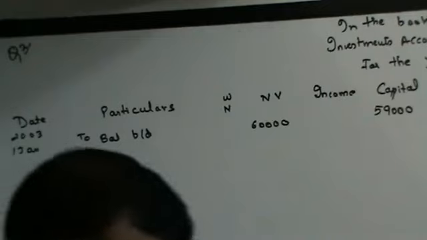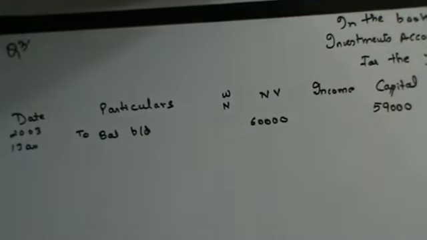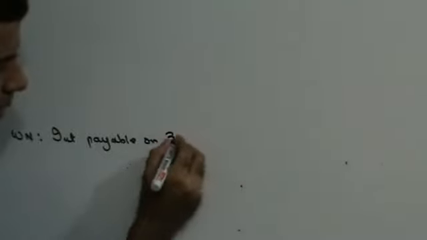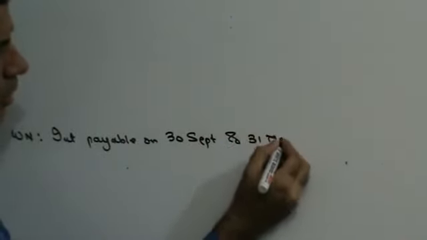Let's read the last line. Interest dates are 30th September and 31st March. Working note 1: interest payable on 30th September and 31st March.